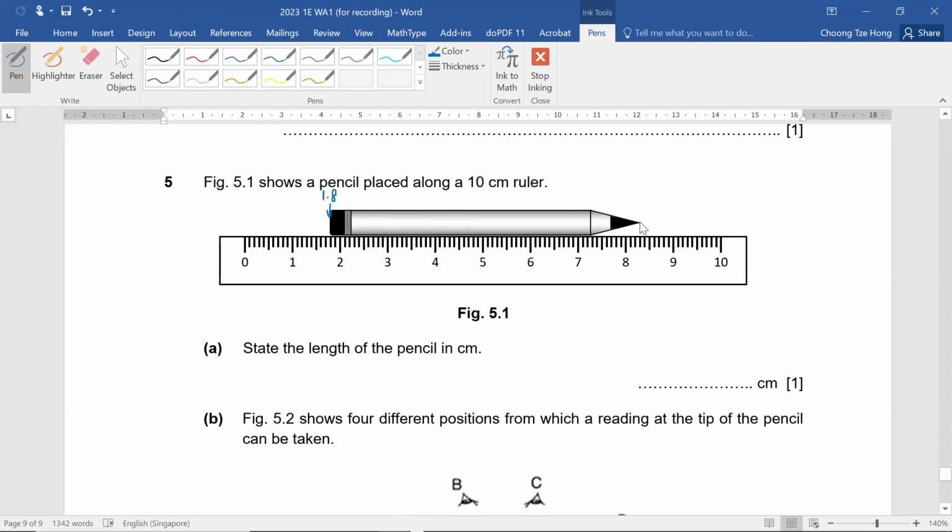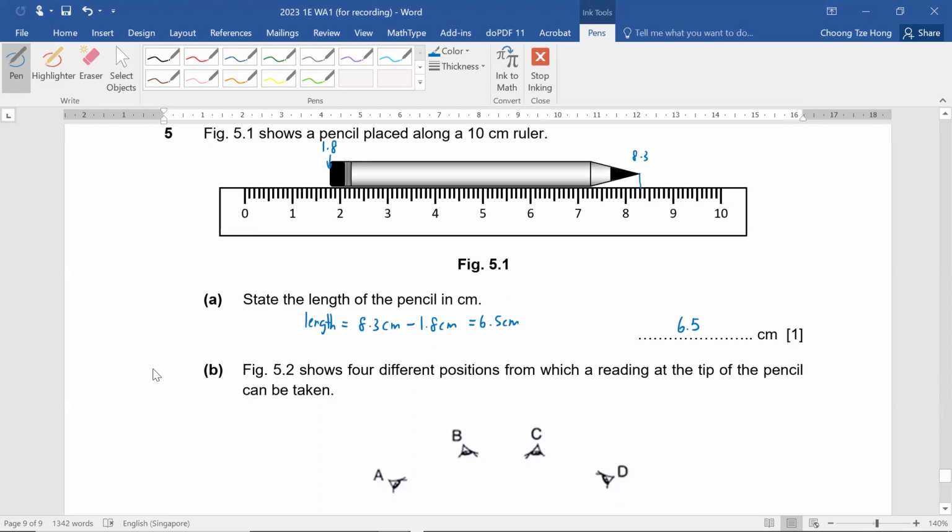Then over here, this should be 8.3. So we will take the difference in the reading to find the length of the pencil. The length will be 8.3 cm minus 1.8 cm equals 6.5 cm. So the answer will be 6.5.